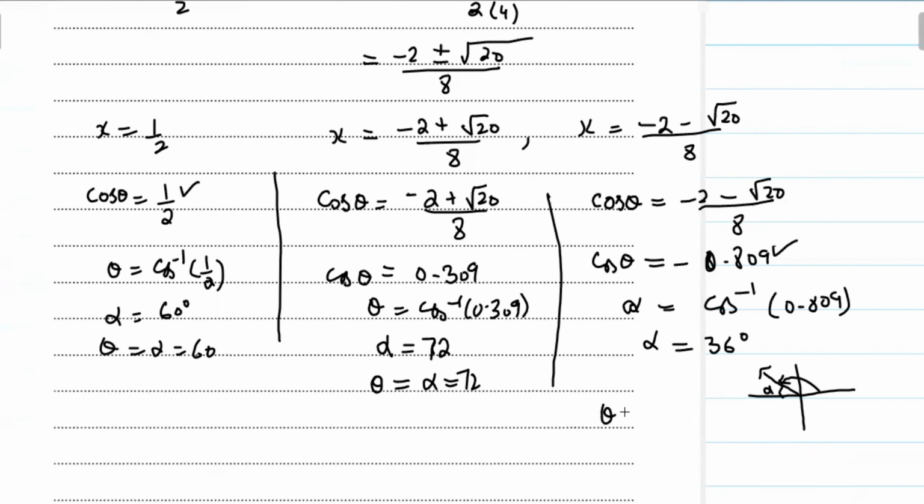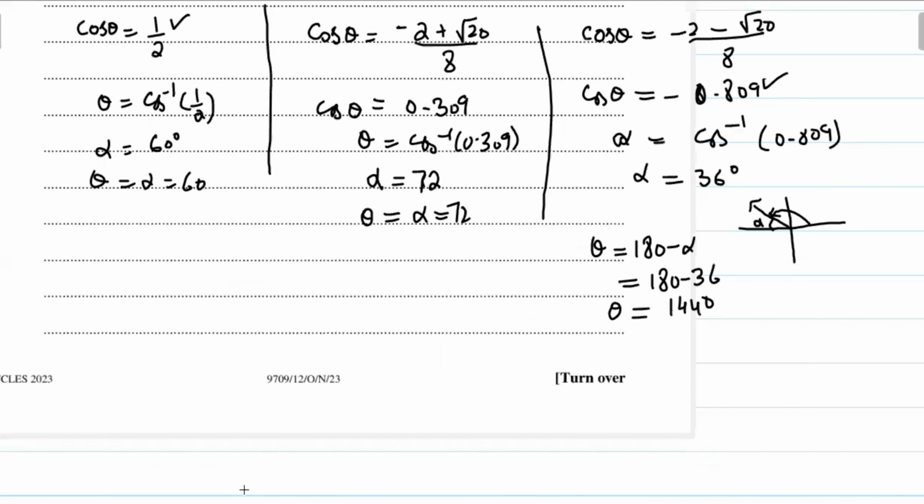Therefore, theta equal to 180 minus alpha, 180 minus 36, that's equal to 144 degree. And the solution of this equation is 60 degree, 72 degree, and the last value is 144 degree. And this is the degree sign, and this is the answer.